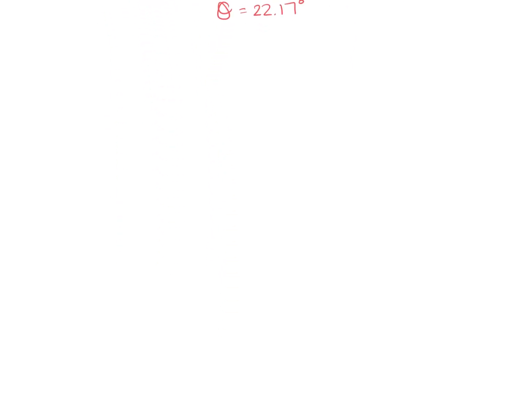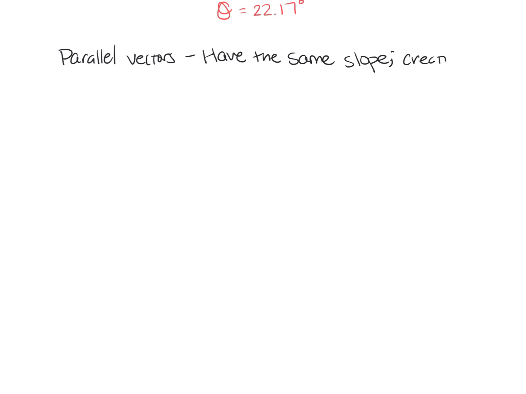One of them is if we have parallel vectors. Parallel vectors have the same slope. And this is going to be important to us to recognize because they create 0-degree or 180-degree angles.